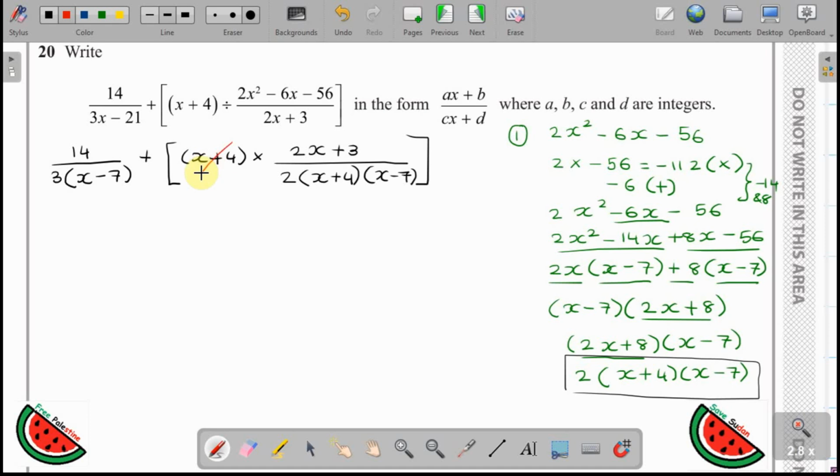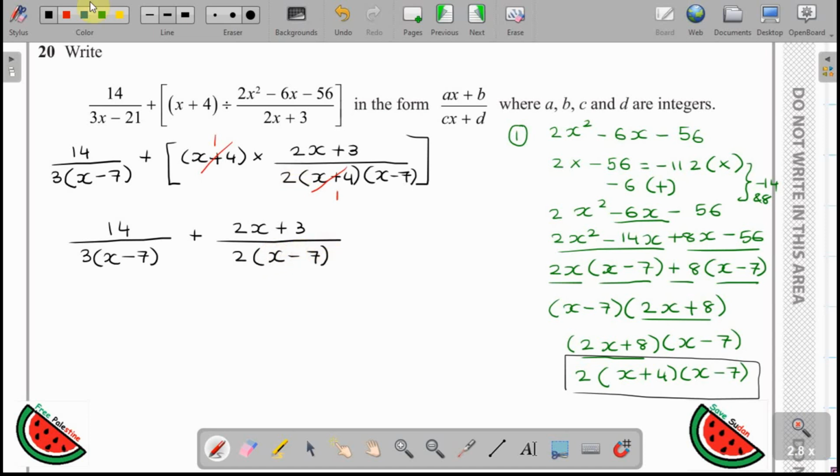You can see x plus 4 and x plus 4 will cancel out. They go into each other once. So I'm left with 14 over 3 times x minus 7 plus, when I simplify this, I get 2x plus 3 over 2 times x minus 7.